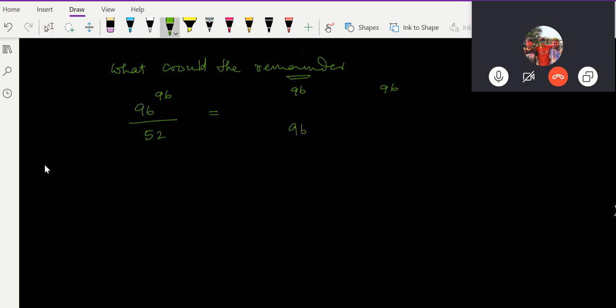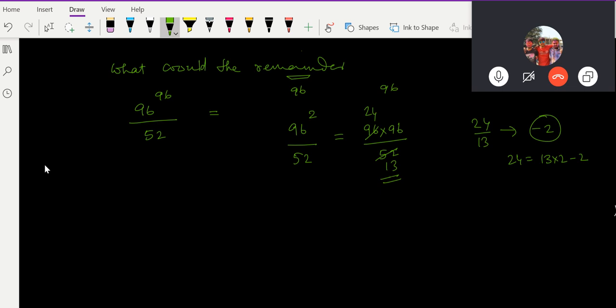So let us take the simple example, 96 square by 52, right? You can clearly see that there is a factor of 4 which is common. So we do 96 into 96 by 52 and then 24 and 13. So this is the actual divisor that I get. Next I divide 24 by 13, which gives me a remainder of -2, because 24 is 13 into 2 minus 2.